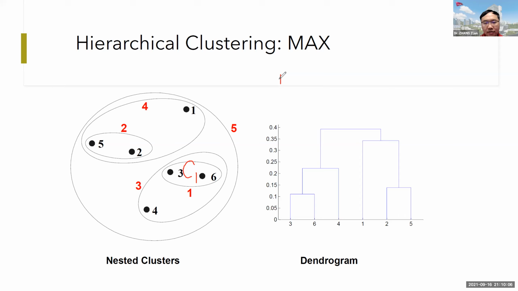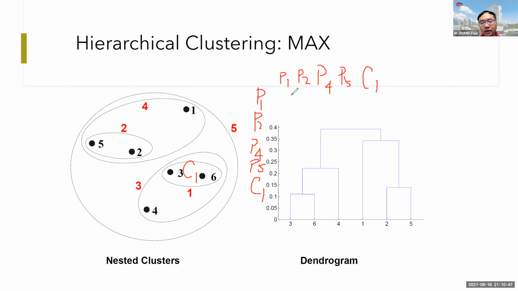So your proximity matrix becomes P1, P2, P4, P5, and C1, both in rows and columns. The distances between P1 to P1, P1 to P2, P1 to P4, P1 to P5, we can copy from the previous table.